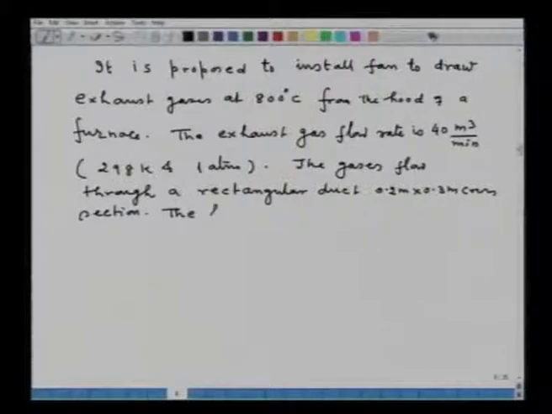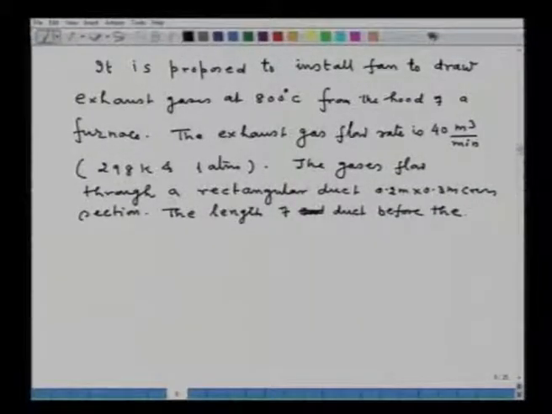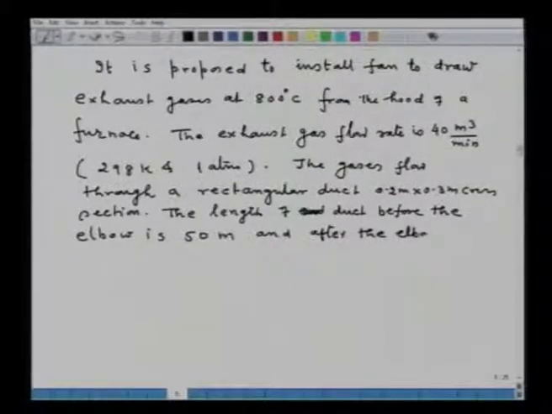The length of duct before the elbow is 50 meter, and after the elbow 40 meter, as shown in the figure.